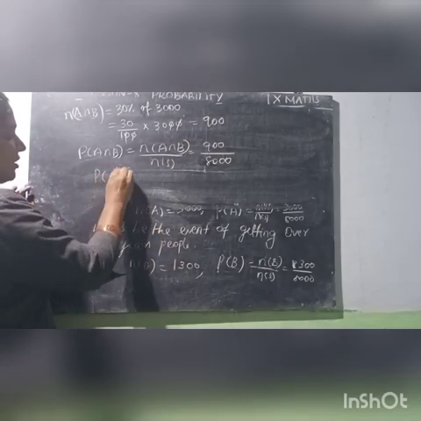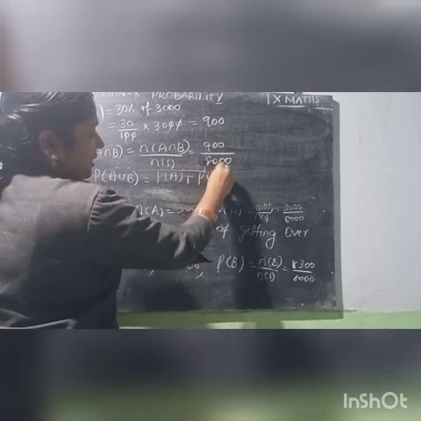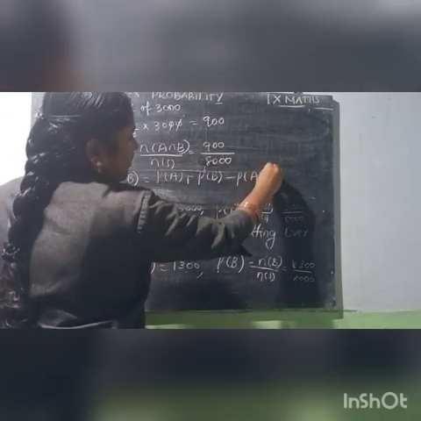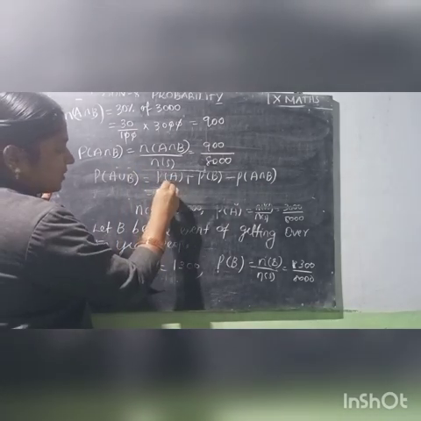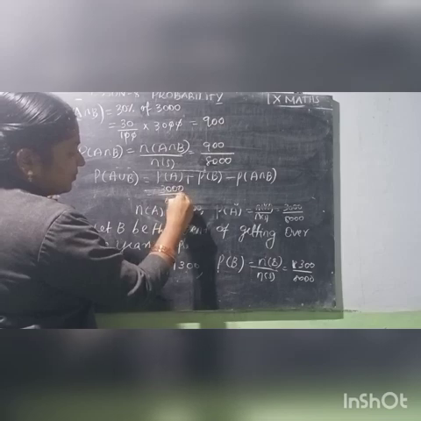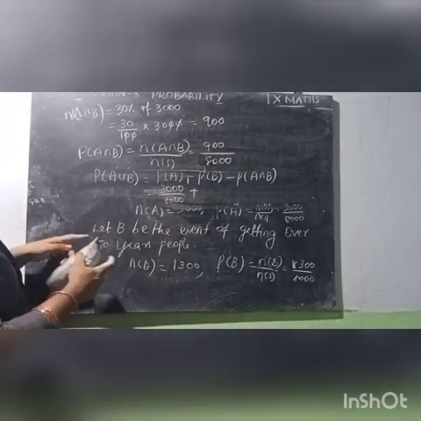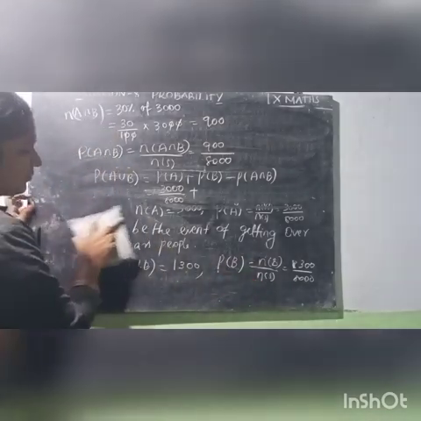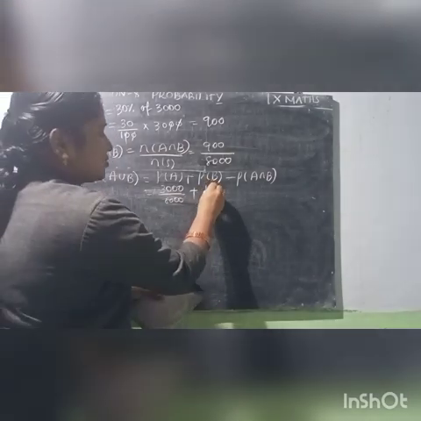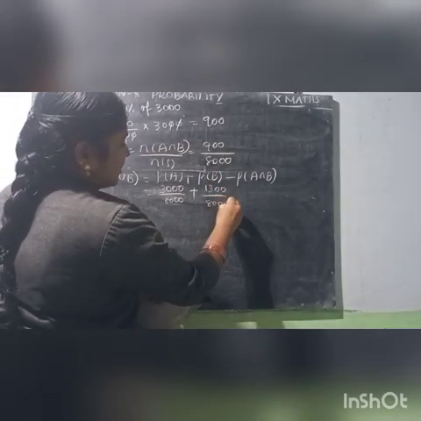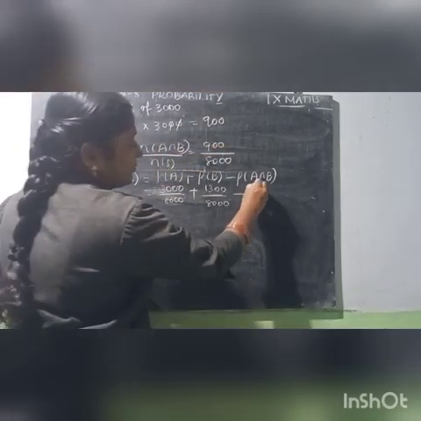P of A union B equals P of A plus P of B minus P of A intersection B. P of A is 3,000 by 8,000, P of B is 1,300 by 8,000, minus the common value 900 by 8,000.